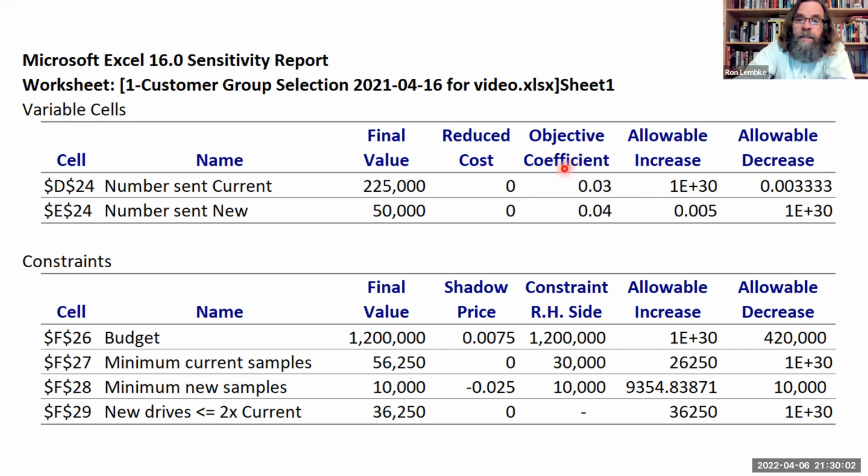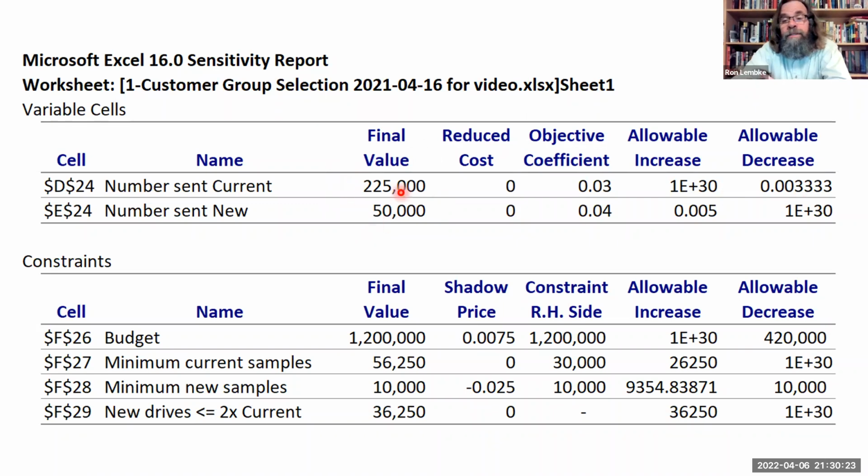And if this 0.03 were to increase by a gazillion or a bazillion, this answer of the optimal thing to do would not change. But if this 0.03 were to decrease by not very much, this answer would change.